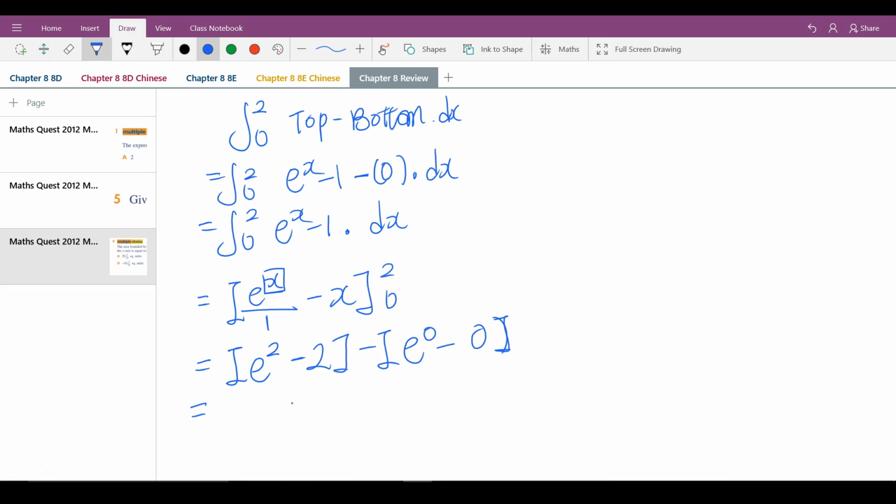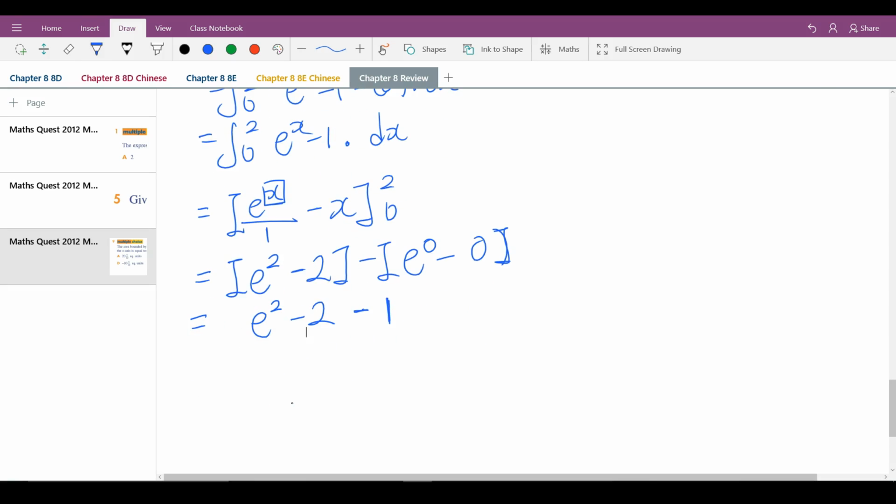Now remember, e to the power of 0 is not 0. It is 1. 1 minus 0 is 1, so it becomes negative 1 here. So we got e squared minus 2 minus 1, which is just e squared minus 3.